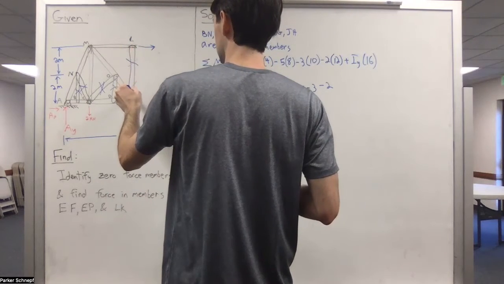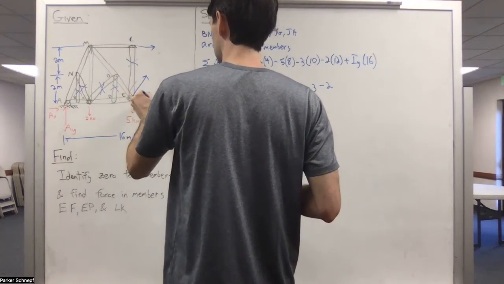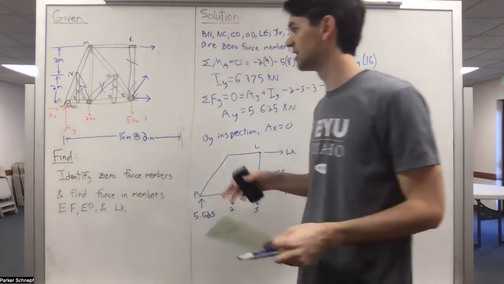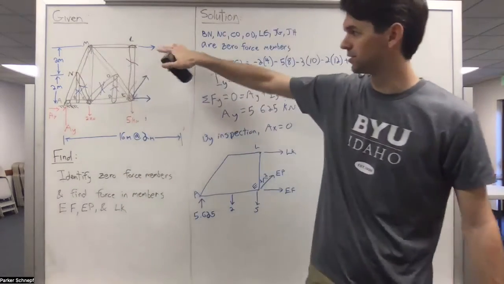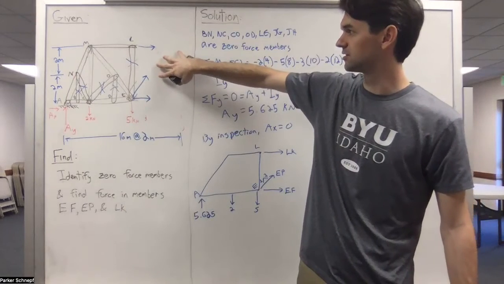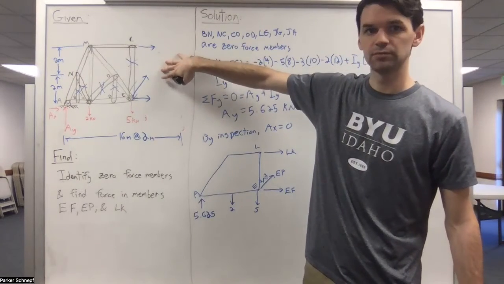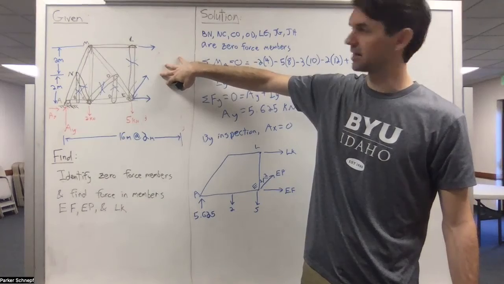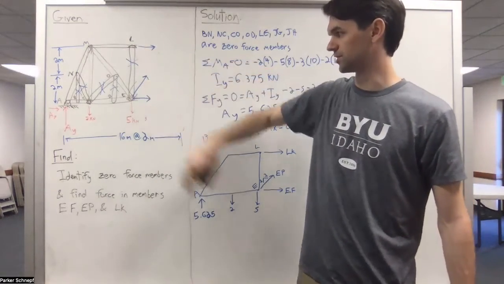Let's replace these with the forces. As far as the left side is concerned, it doesn't care about all those other joints over here. It just knows that those other joints act on me through these three forces here.